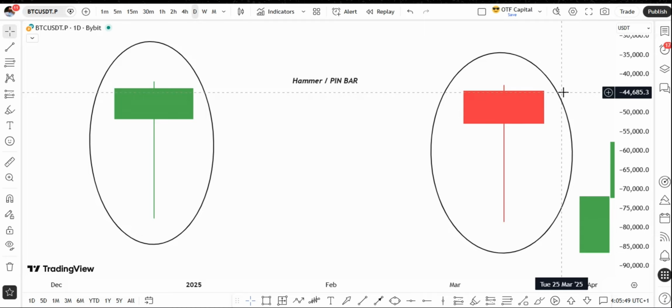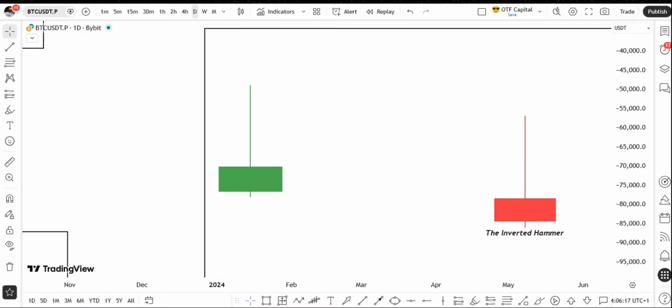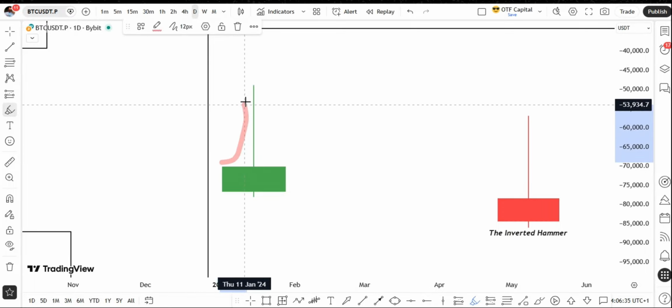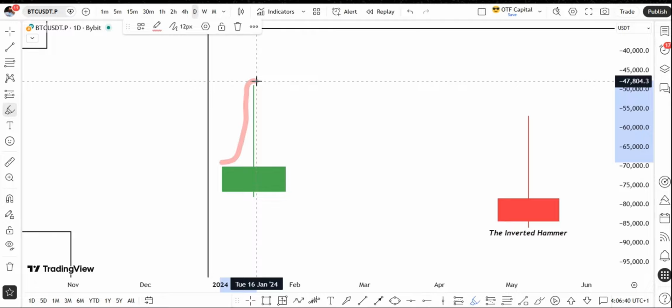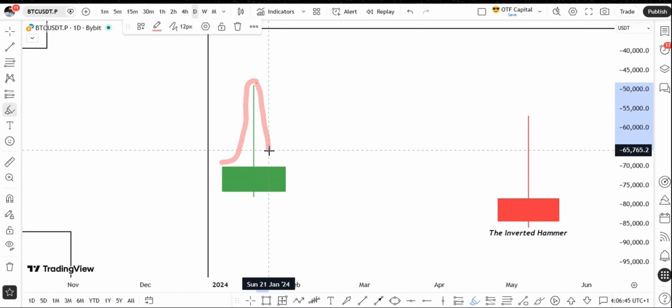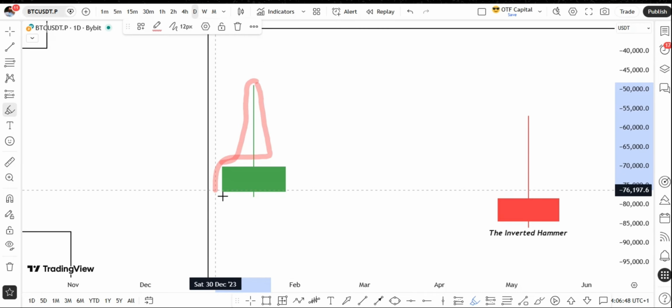They usually have strong significance on the price. The opposite of the pin bar or the hammer candle is the inverted hammer. There is a strong bias at the initial stage. There was a strong push up from the buyers, but at this point buyers got exhausted, so sellers take control and close the candle bearish.